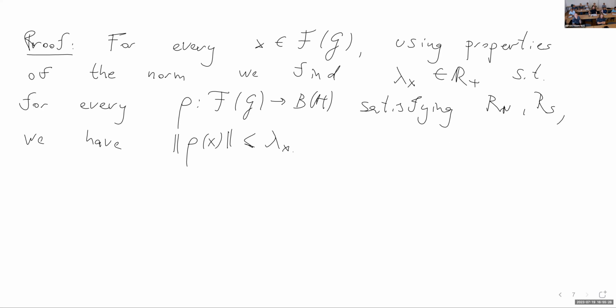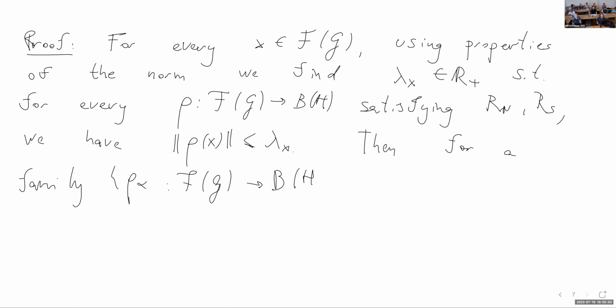And once you have this, then for every representation, as you had before, for alpha, this direct sum is going to be a representation bounded by, I guess, this is going to be well defined.